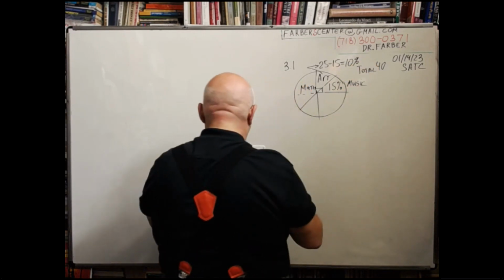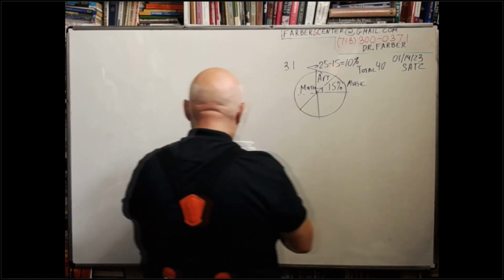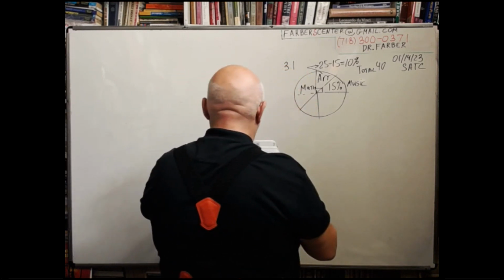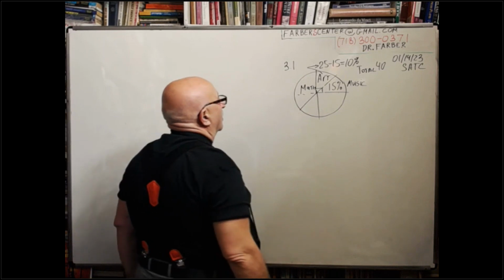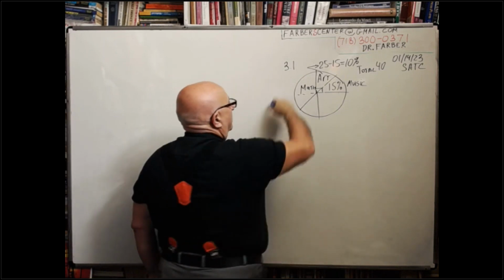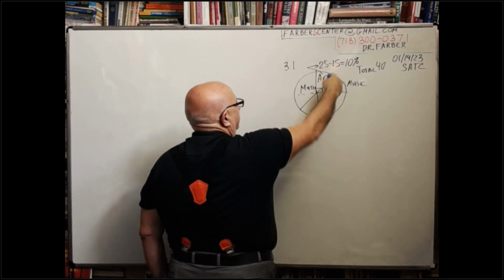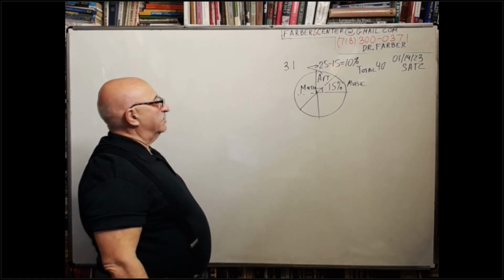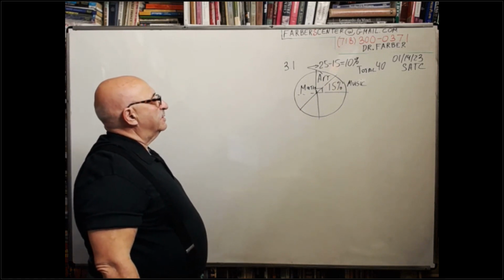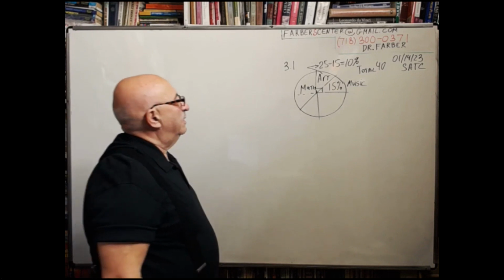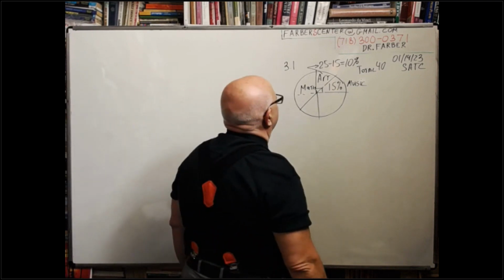right? They ask you 10%. Well, this part, diameter, splits this circle into 2 semicircles. So math plus art is 50%.